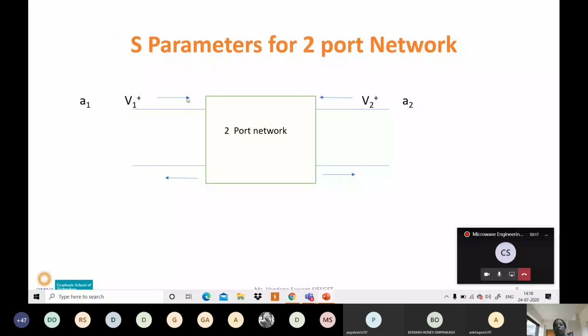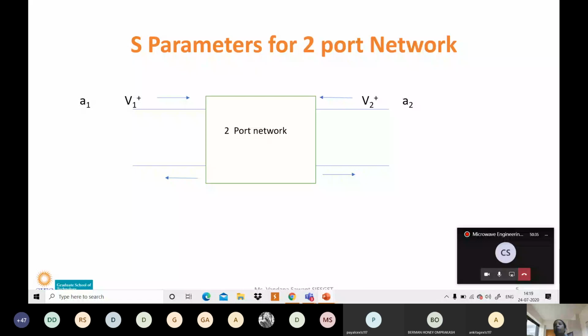And see, in microwave circuits, there is one condition: any port you can make an input port or any port you can make an output port. There is no distinction written on the circuit like this is the input side and this is the output side, as in other circuits we use in communications or in the ADC lab, where the input and output sections are specified on the circuit.